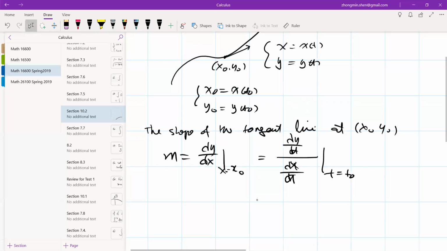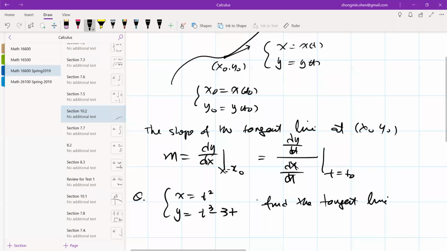For example, you are given the parametric equations for the curve x = t squared, y = t cubed minus 3t. Find the tangent line at the point (3, 0), in the x, y coordinate system.